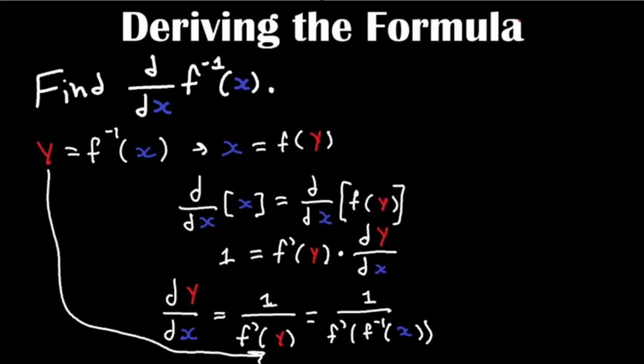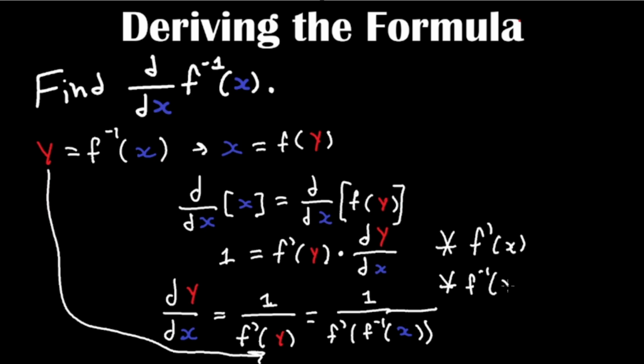This might be a little trippy about what this actually means. Basically, you find the derivative of your original function, and you do 1 over that, but instead of having x on the inside, you evaluate it at f inverse of x. So the two things that you need for this formula are the derivative of your original function, which is f prime of x, and you also need to know what the inverse function is.